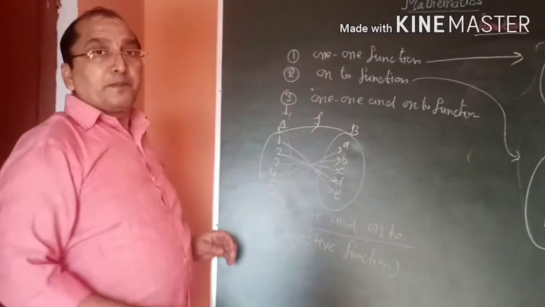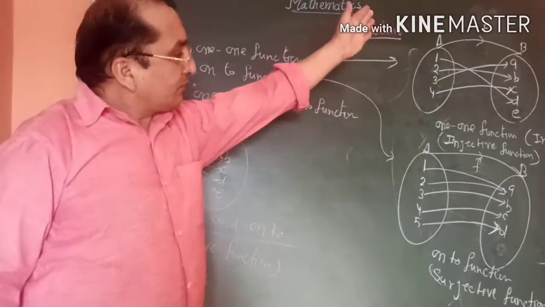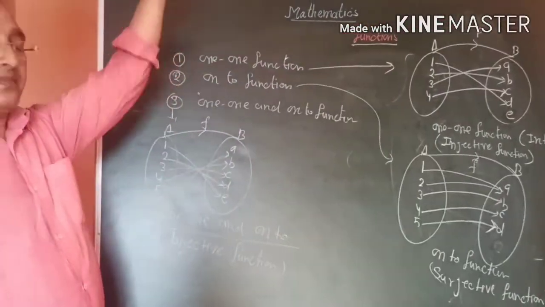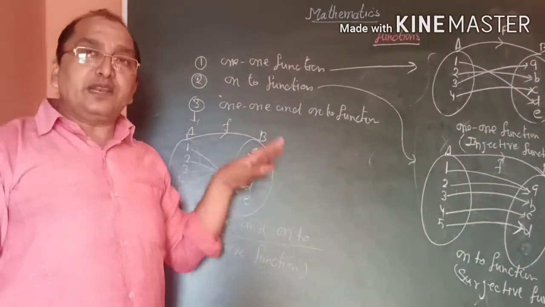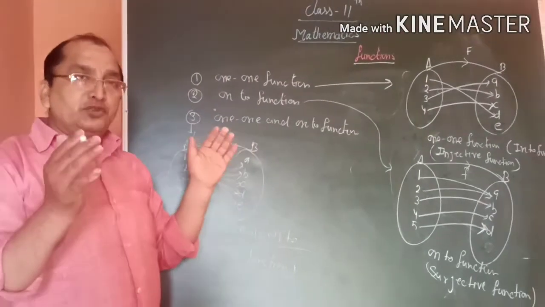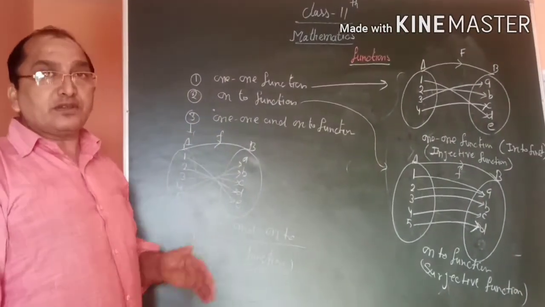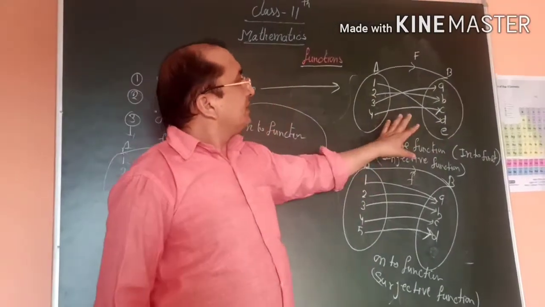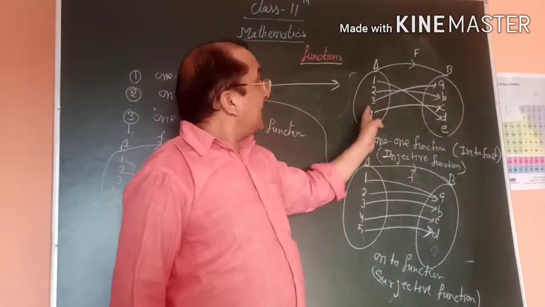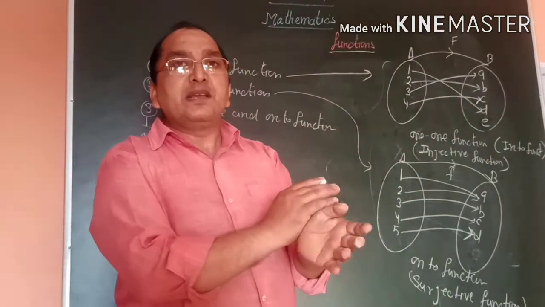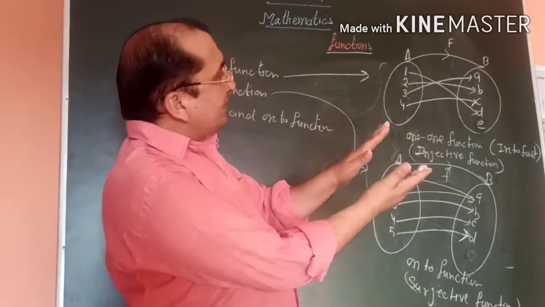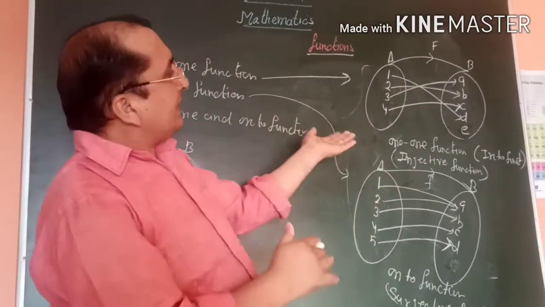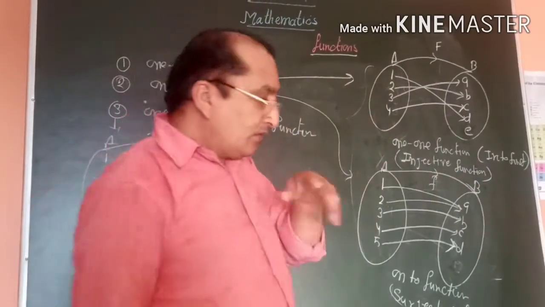Now come to the first one again. These functions are very important, and you will get great benefit from them in class 12 also. Suppose we flip this, so instead of A to B, we flip B to A. Flipping means all the elements of B are converting to A and A to B. Then what will happen?